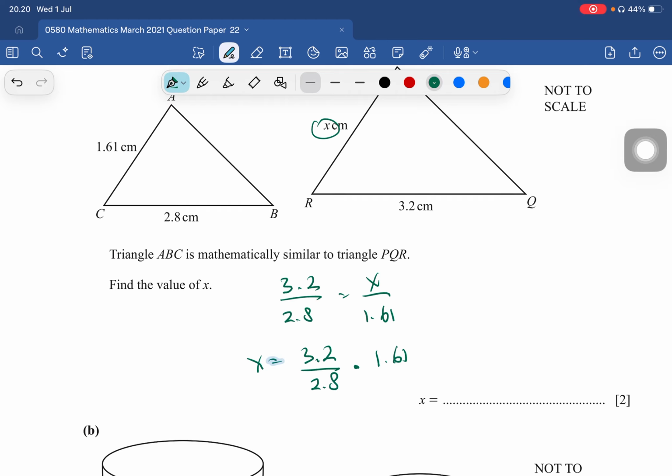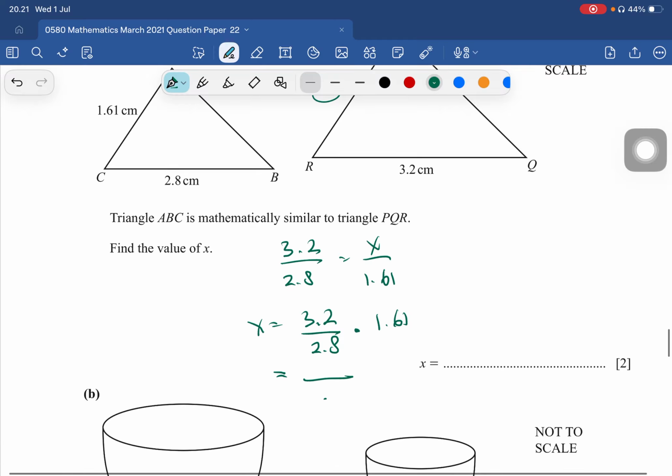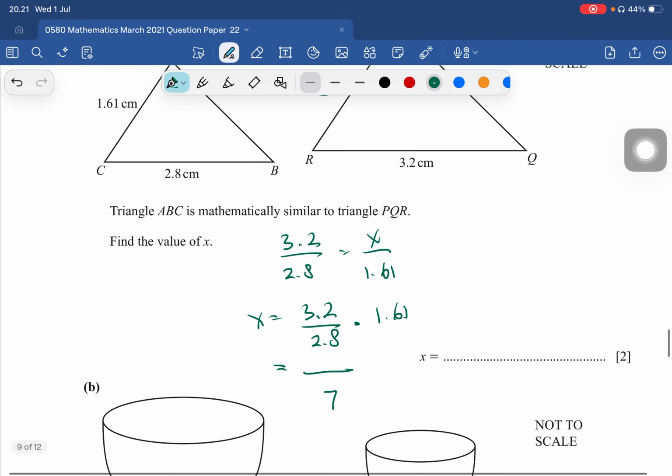So here, 3.2 by 2.8, okay, we can divide by 4. 2.8 divided by 0.4 is 7, and 3.2 we divide by 0.4 equal to 8.